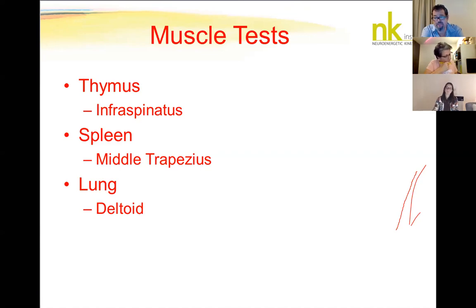Allergies, which are just an overreaction of the immune system, generally involve IgE and mast cells. And the non-adaptive immune system, your macrophages and natural killer cells.